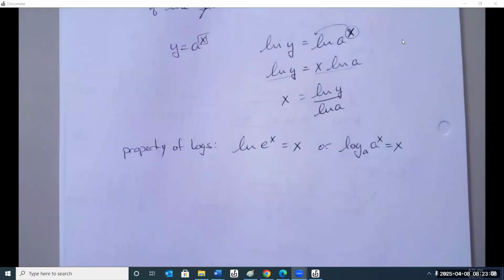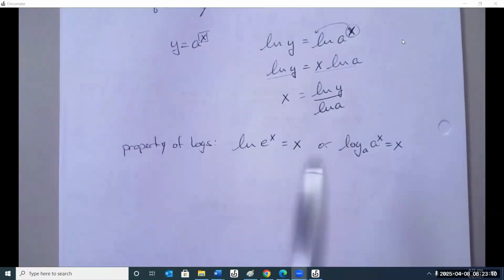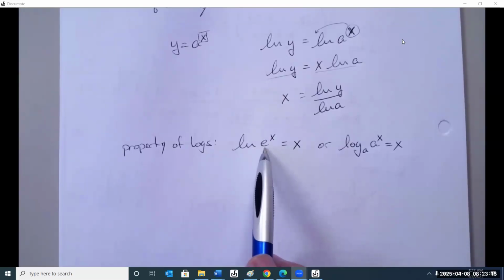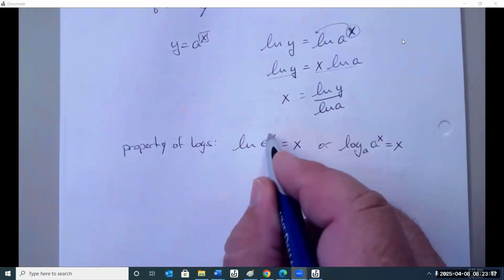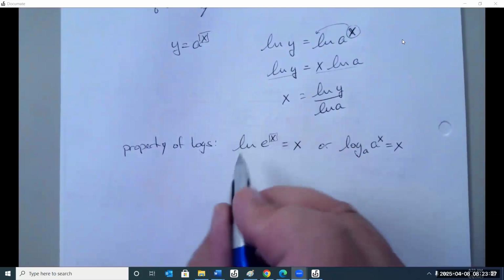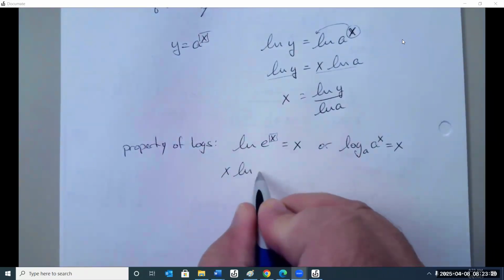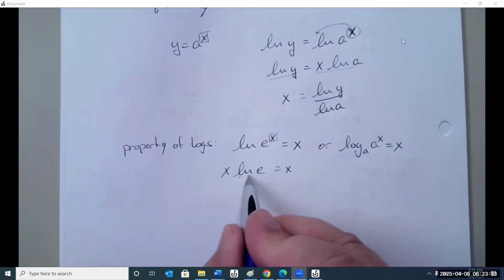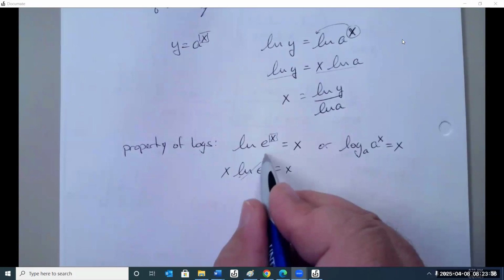What this tells us is if your logarithm has the same base as your function, then it equals whatever the exponent is. More so, what it really means is this x goes out in front, and ln of e, since ln is the same base as e, this becomes 1.